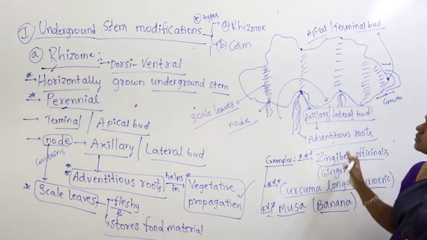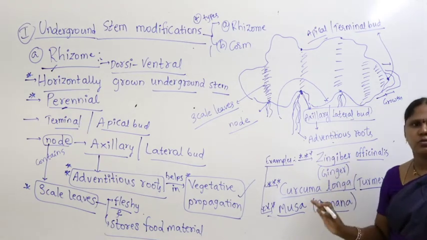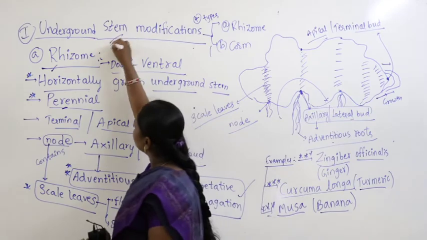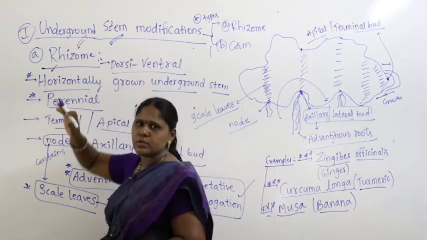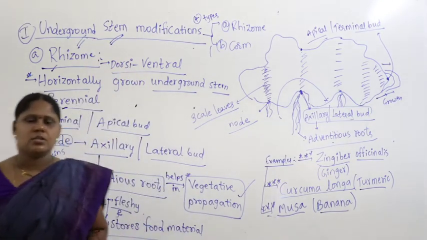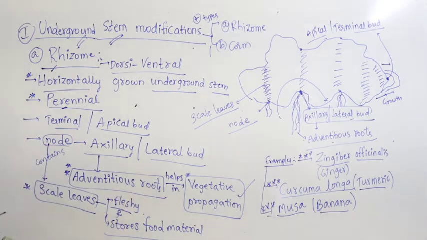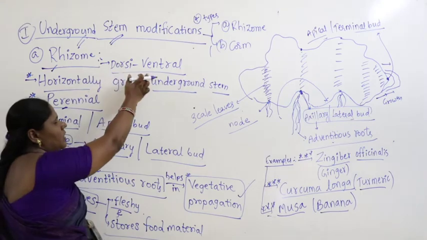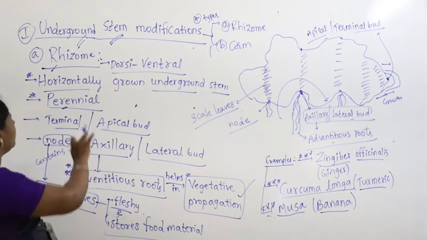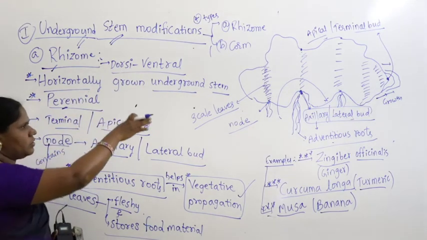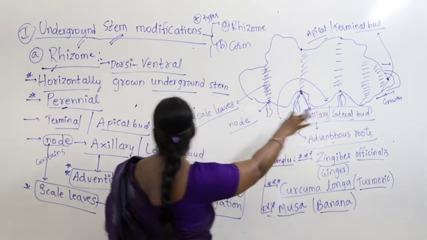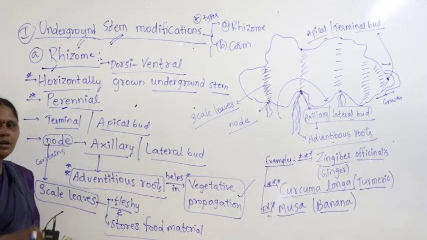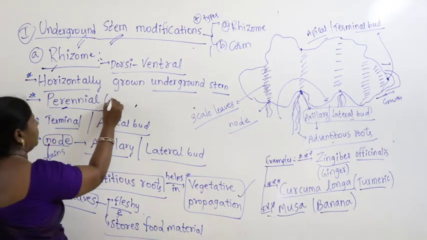So this is the very first category, called rhizome. I repeat again, in underground stem modification, the stem grows underground and does a function called storage. In that first category we are discussing rhizome. Rhizome has a dorsal side and a ventral side, right? It is a horizontally grown underground stem. It is perennial, which means it has more than 2 years of lifespan.